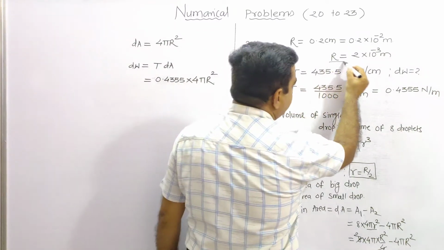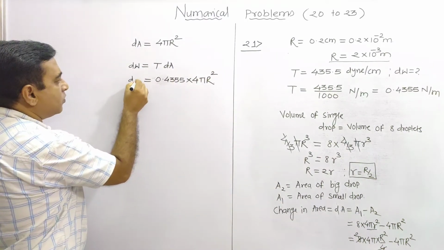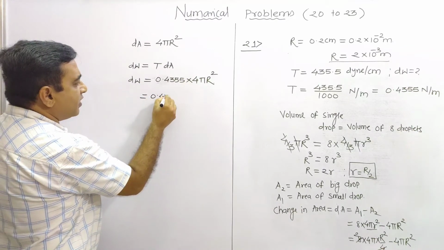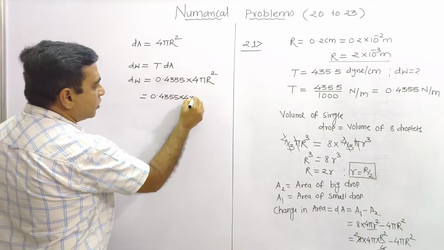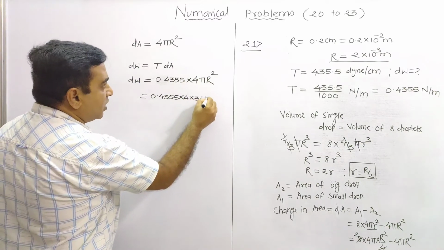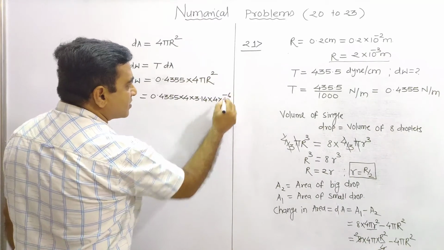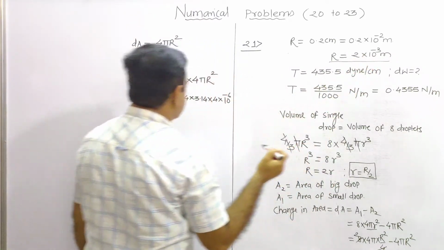Radius we already know. That is dW is equal to 0.4355 into 4 into 3.14 into 4 into 10 raised to power minus 6, squaring this, 4 into 10 raised to power minus 6.